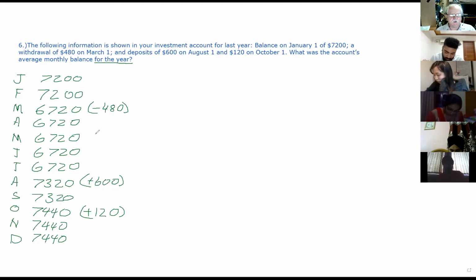And so if we want an average, one way of getting an average is we add all these up and divide by 12. What do they add up to?